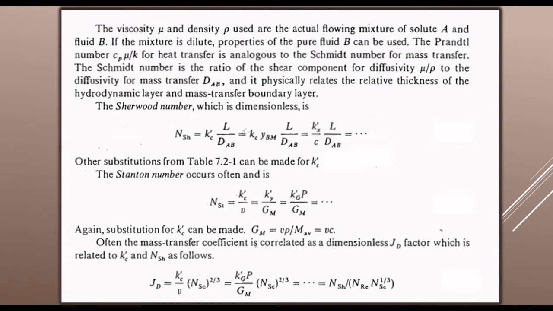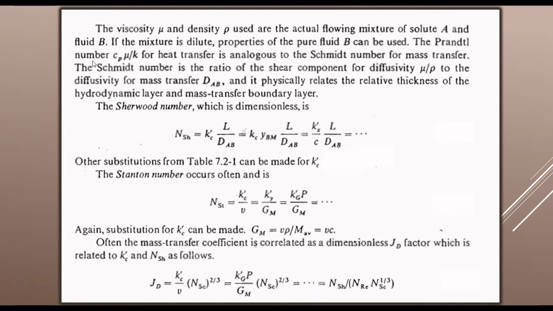Now, the viscosity mu and the density rho used are those of the actual flowing mixture of solute A and fluid B. So the viscosity and the density to be used in the Schmidt number are actually the properties of the mixture, that of the solute that diffuses through the fluid B. If the mixture is dilute, the properties of the pure fluid B can be used, which is most of the time simply water. So if it's a dilute solution, then the mu and the rho of the mixture of solute A and B will simply be the properties of your solvent B, or that's your fluid B.